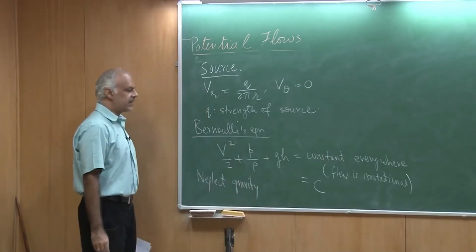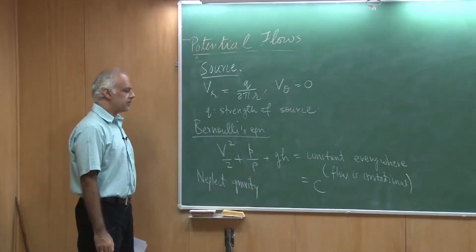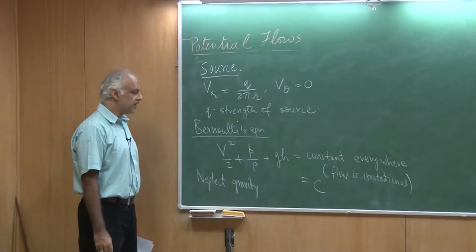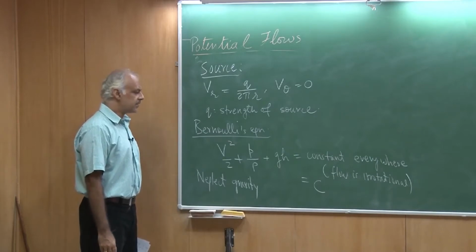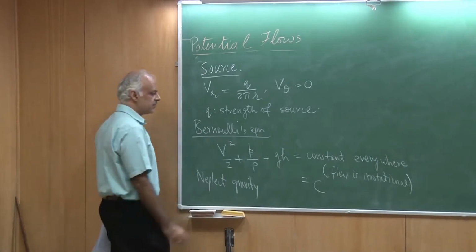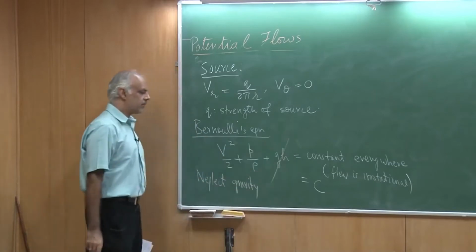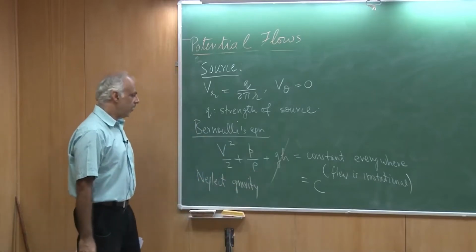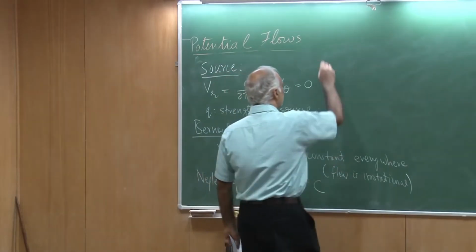So we can say that the flow is happening in a horizontal plane and we are not interested so much in the gravity. So this term we are not going to worry about. All right, so let me write down what is V square.